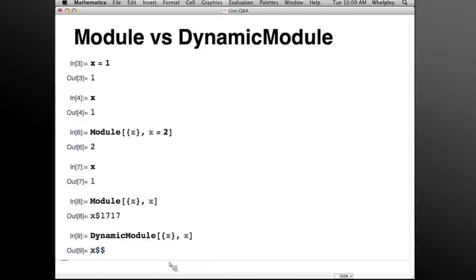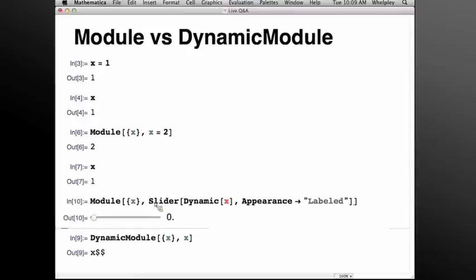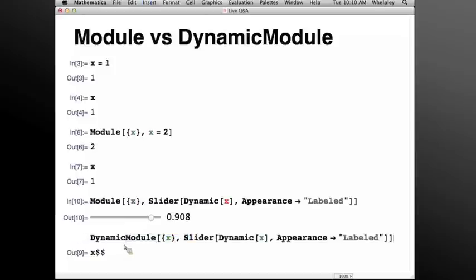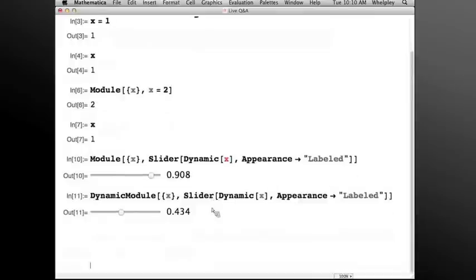So if I try to create a dynamic here, let's say with a slider, which will vary my value of x, there are some red indicators here in the syntax coloring, indicating something might be going on, but the slider works just the same. And even in my DynamicModule case, it also works the same way. So it seems to be no problem here.